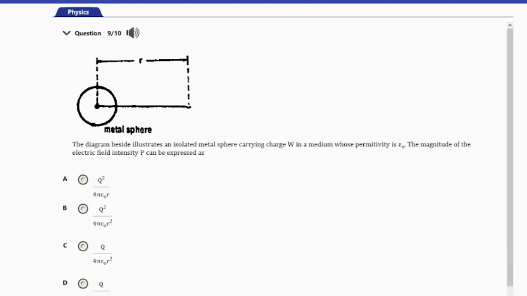The magnitude of the electric field intensity E can be expressed as A, Q square over 4 pi epsilon naught r, B, Q square over 4 pi epsilon naught r squared, C, Q over 4 pi epsilon naught r squared, D, Q over 4 pi epsilon naught r. So guys, the answer to this question here is option C, Q over 4 pi epsilon naught r squared. So let's go ahead and consider the next and last question here, guys.